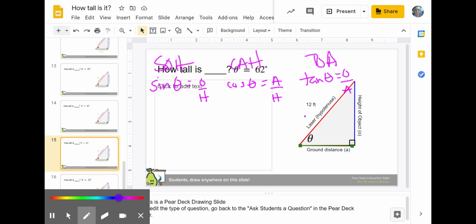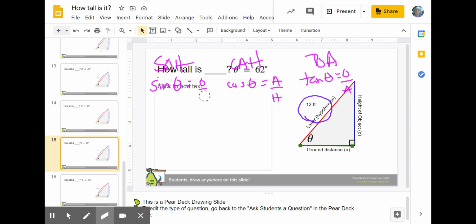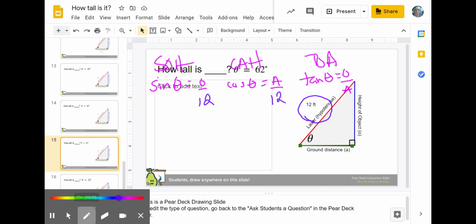So in this one, again, I have the hypotenuse, so I can replace my hypotenuse with 12. And I've got my angle. My angle is 62.